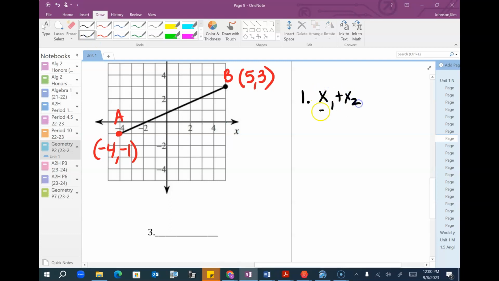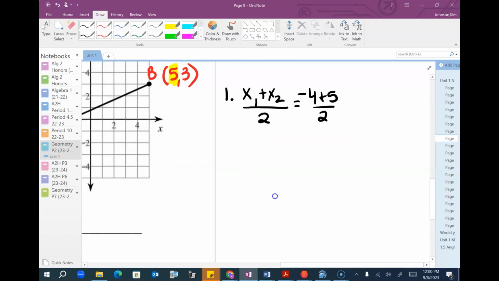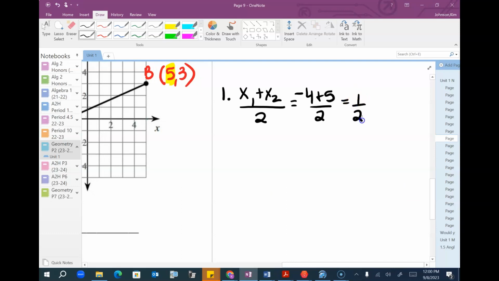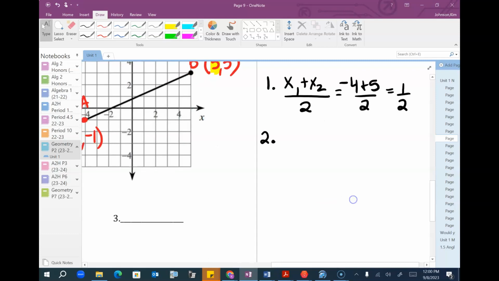Let's go ahead and find the average of the x's by taking x1 plus x2 divided by 2. For point A, our x value is -4. For point B, it's 5. So -4 plus 5 divided by 2 gives us 1/2. So our average for our x's is 1/2.